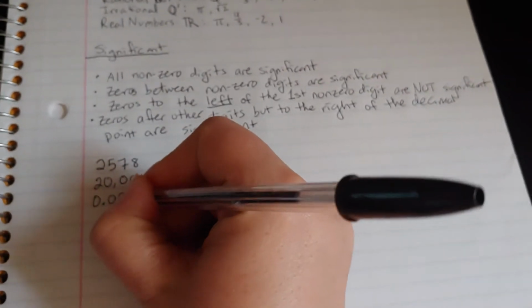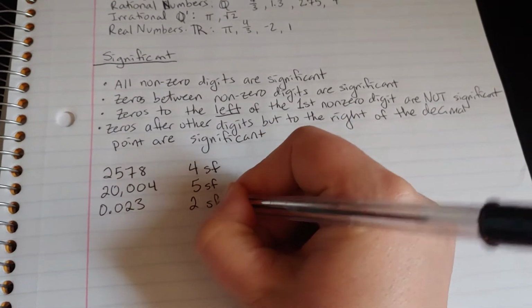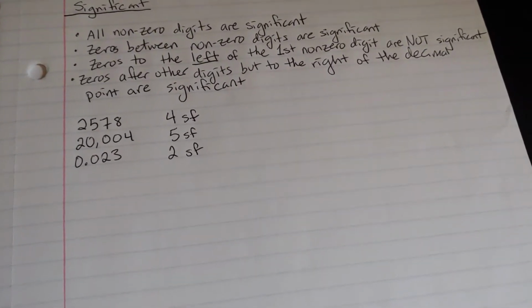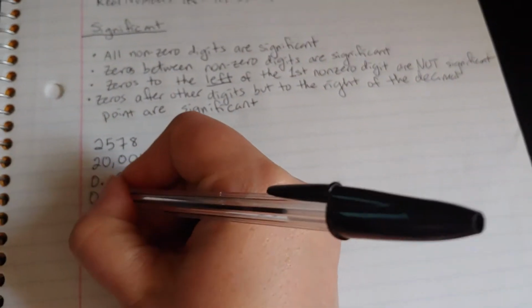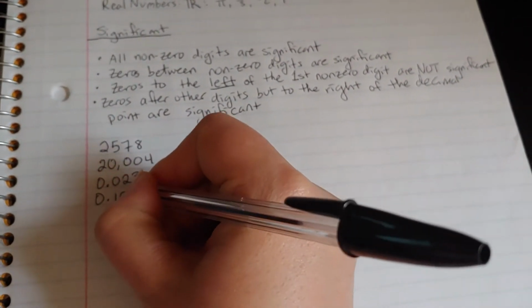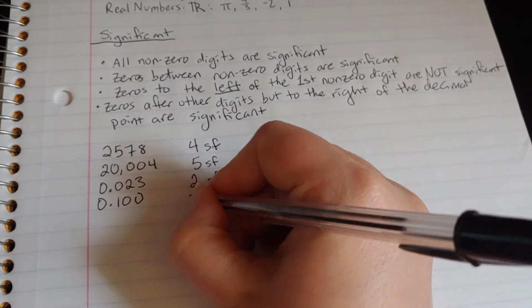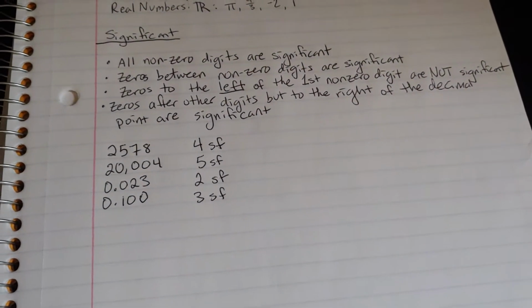However, 23 thousandths has 2 sig figs because the zeros to the left are not significant. But if I have 100 thousandths, that has 3 sig figs because these 2 trailing zeros here are significant.